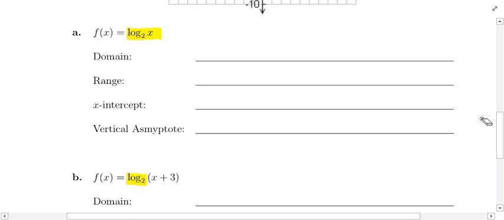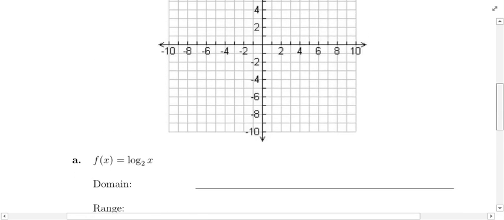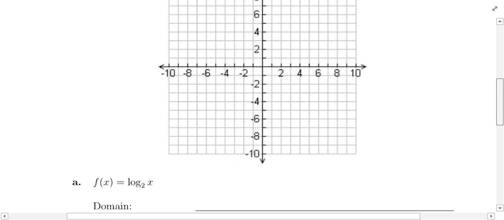So what we'll do is we'll consider that log base 2 of x, the function in part A, to be our parent function. And then we just have to apply one or more transformations to get the graphs in parts B and C. So that's how we're going to approach this problem.